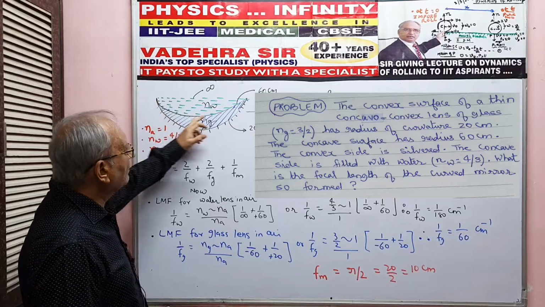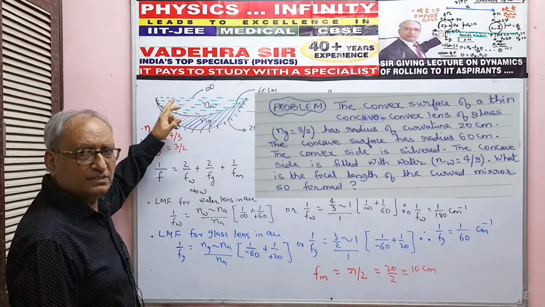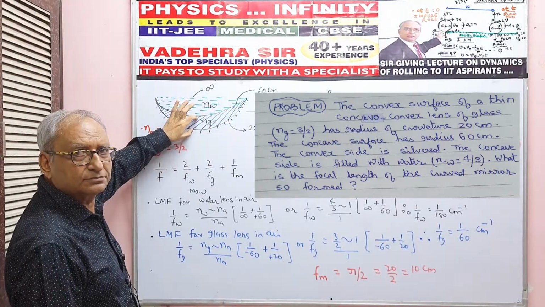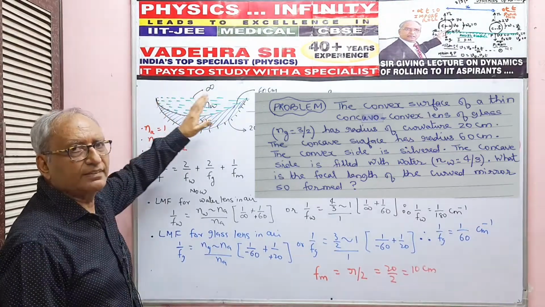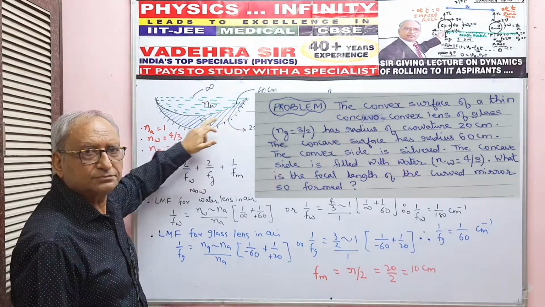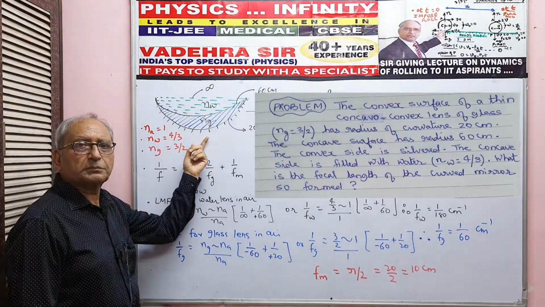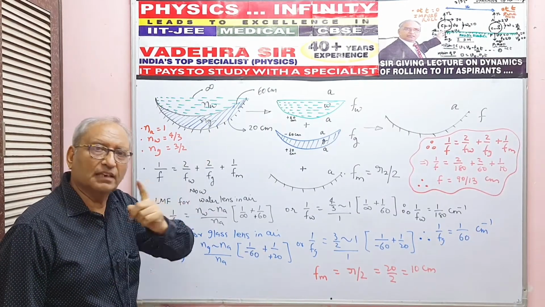There is a concavo-convex glass lens. The concave part is filled with water, refractive index 4/3. And of course, this is glass, concavo-convex, and this face of the glass lens is silvered.